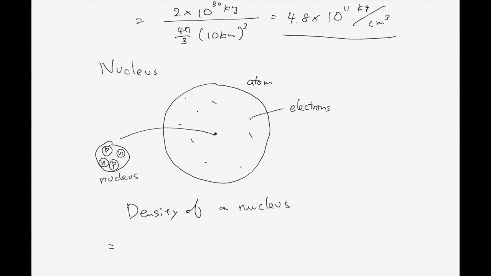The density of the nucleus can be calculated as the mass of the proton divided by the volume of the proton.